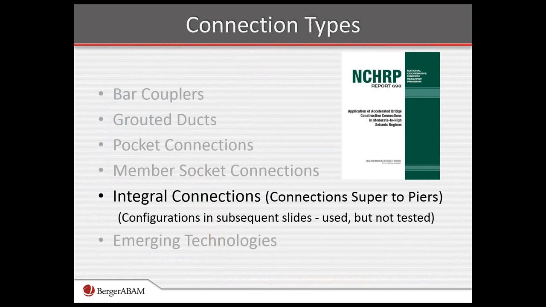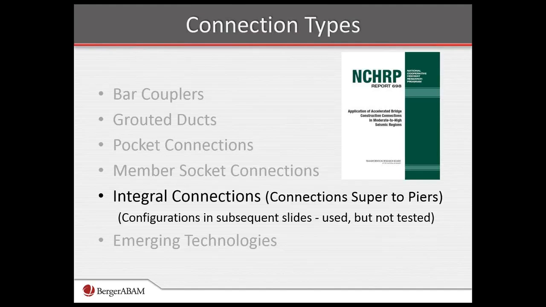Integral connections. These are very commonly used in some states and are used to affect continuity at the top of the pier to the superstructure so that you get additional lateral resistance capacity out of the bridge system than if you had just a plastic hinge or continuity at the base and then, say, a bearing at the top.